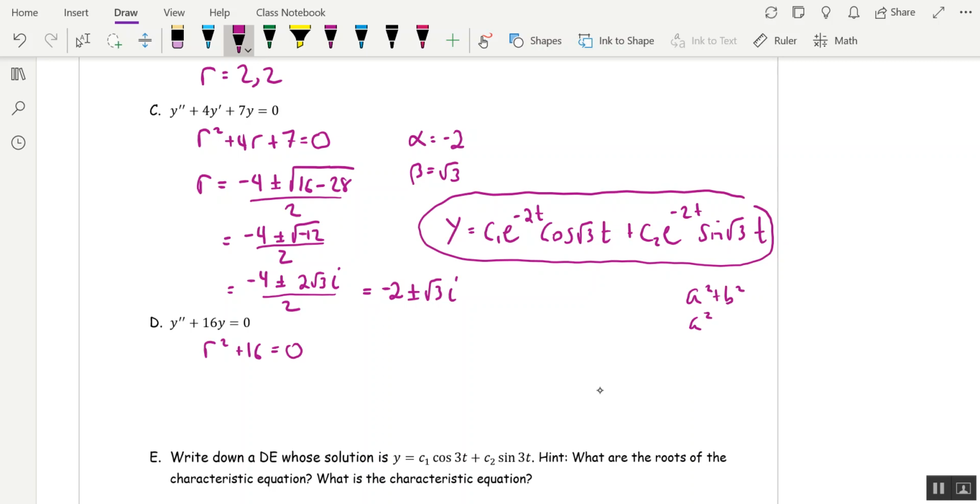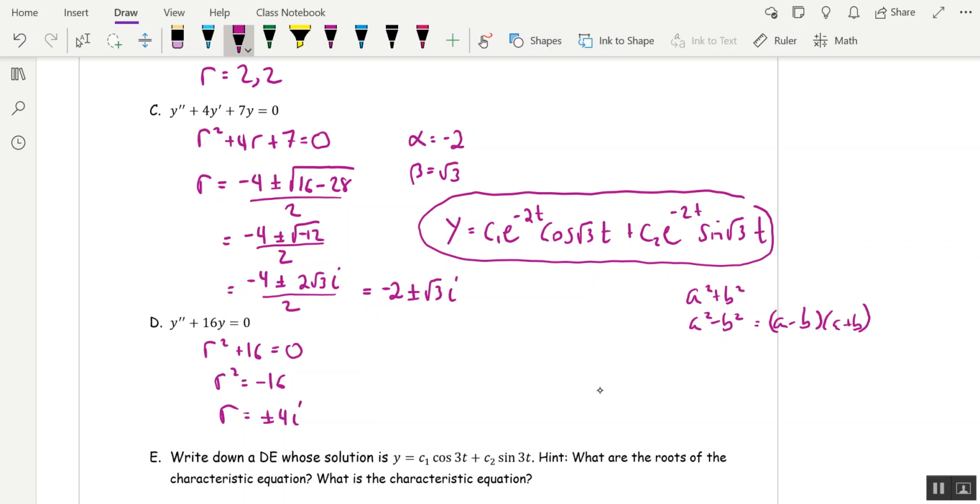A squared minus b squared factors as a minus b, a plus b. So this is r squared equals negative 16. Take the square root of both sides. When you take the square root of both sides, you take plus or minus. So r is plus or minus the square root of negative 16, which is 4i.